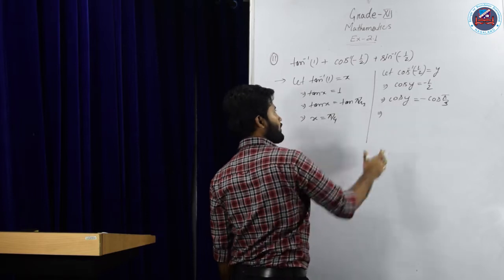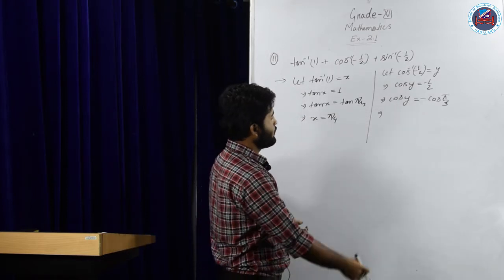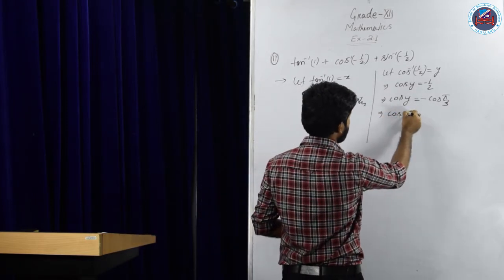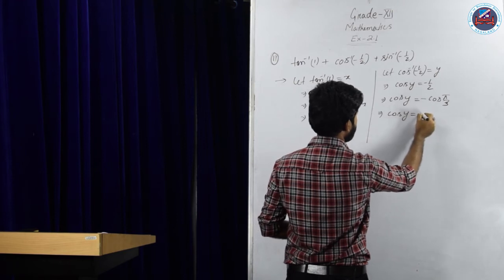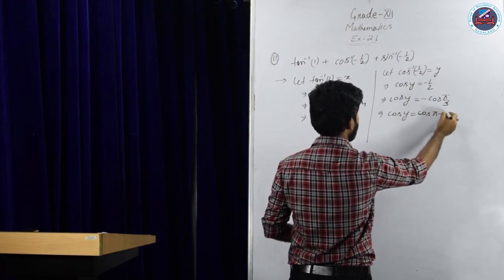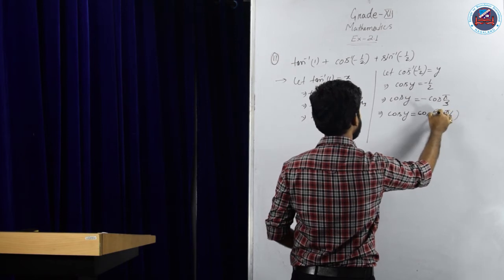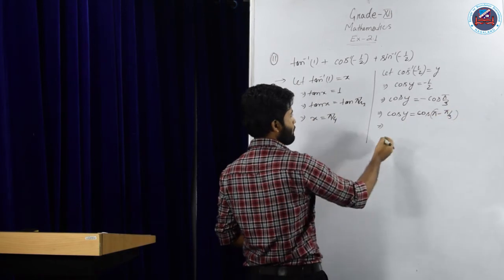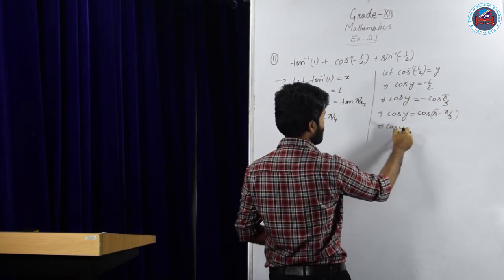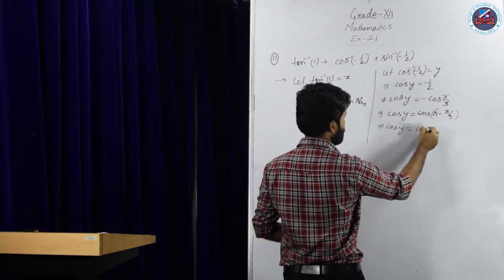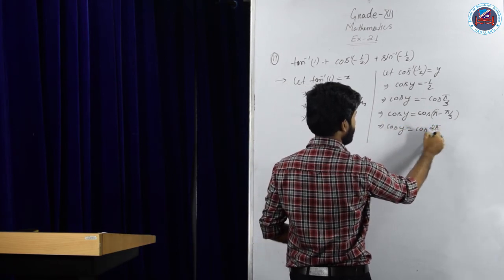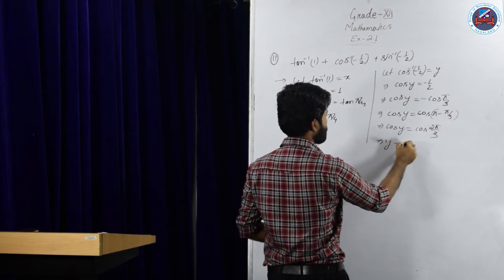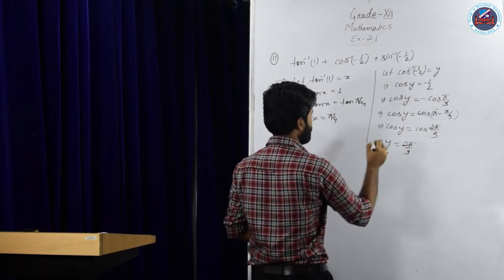And just as in the previous question, I can write cos y is equal to cos of pi minus pi by 3 by the ASTC rule. This gives us cos y is equal to cos 2 pi by 3, and hence we get y is equal to 2 pi by 3.